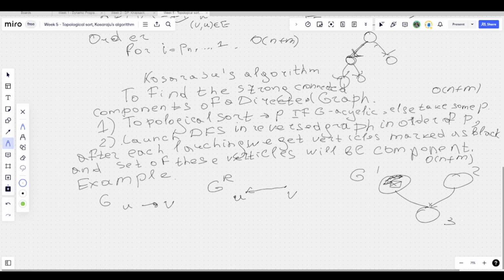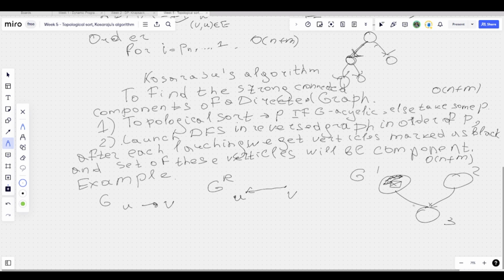We have edges, and when we reverse our graph, in topological sort we get that all vertices in this component have time less than, for example, all the vertices in that component.